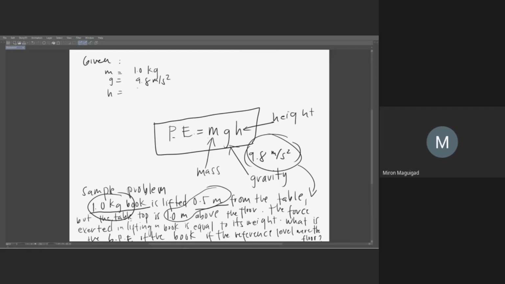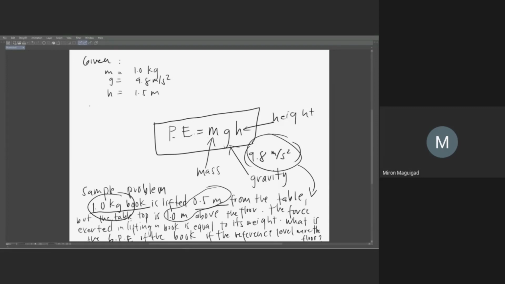The height is 1.5 meters. Why 1.5, sir? Because the book was lifted 0.5 meter, and the 1 meter is the distance from the tabletop to the floor. We combined them, we added them.